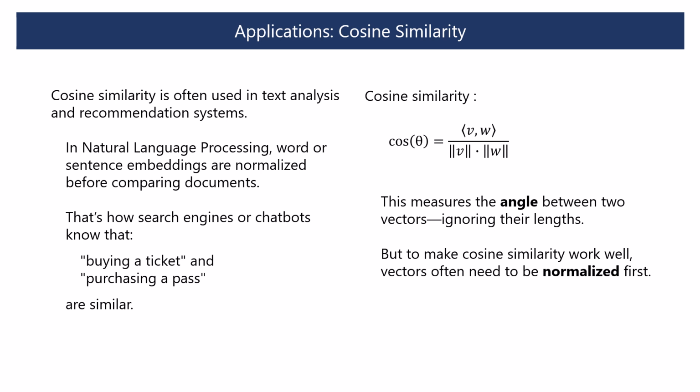Cosine similarity is defined in this way. This measures the angle between two vectors, ignoring their length. But to make cosine similarity work well, vectors often need to be normalized first.